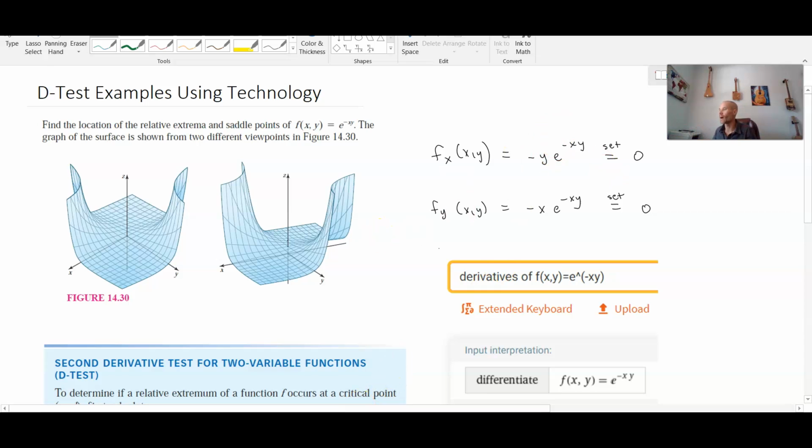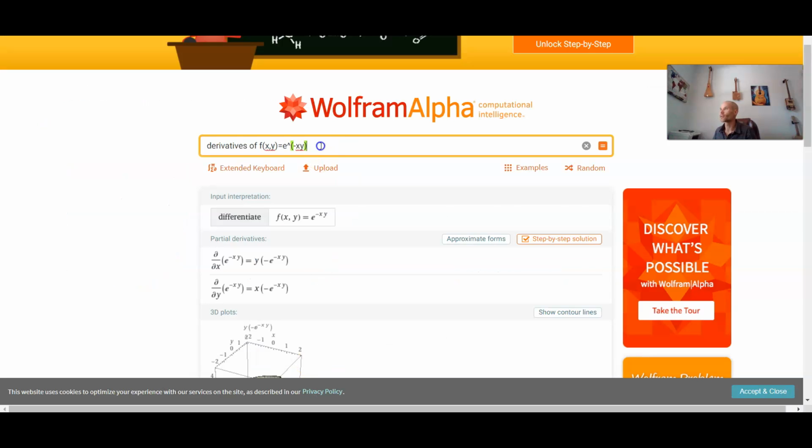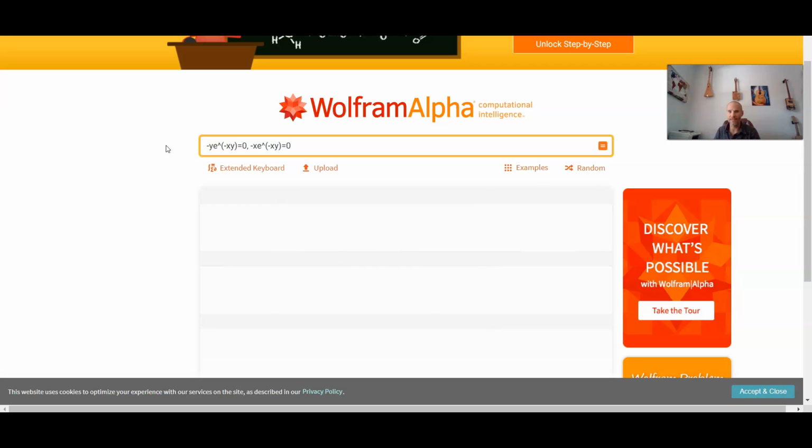So I will take these two functions, clear out my output here, and type negative y e to the negative xy equals 0, then a comma and a space, and negative x e to the negative xy equal to 0. What Wolfram Alpha will interpret this to mean is solve this system of equations for me.